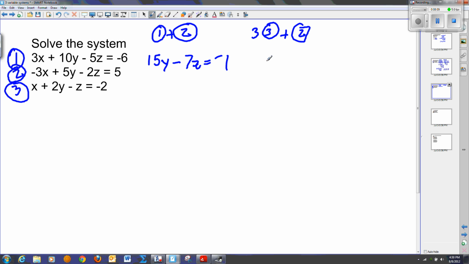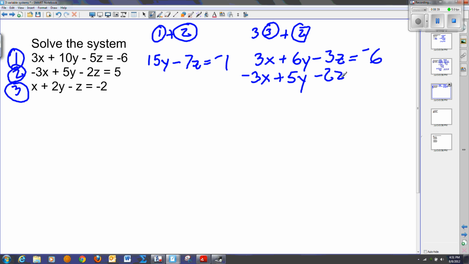Multiplying equation 3 by 3, I get 3x, 6y, and negative 3z, and that's going to equal negative 6. To that, I'm going to add equation 2, which is negative 3x, positive 5y, and negative 2z, all equaling 5.